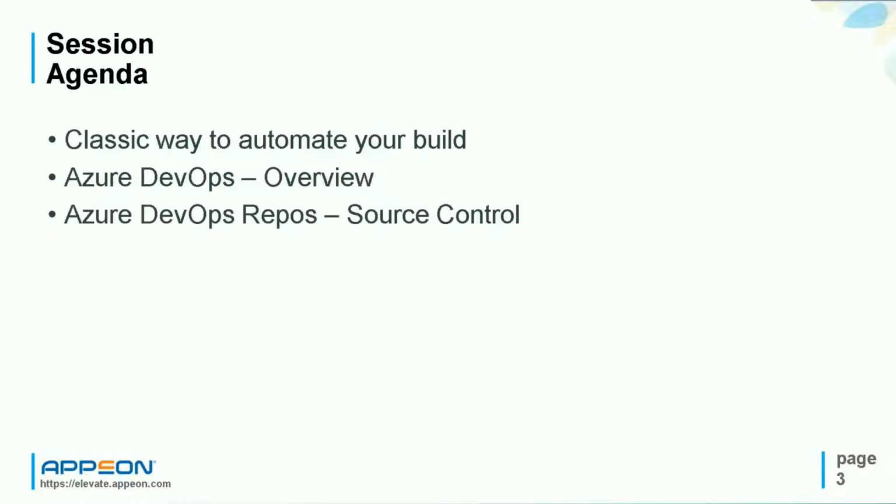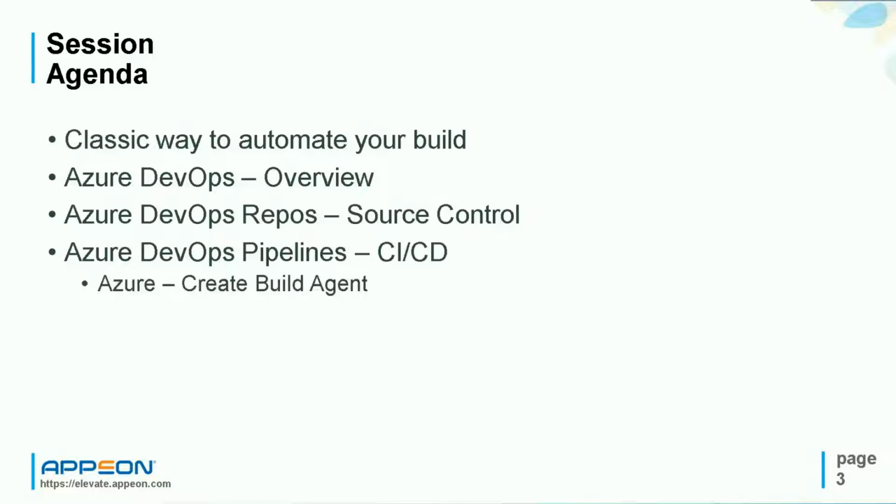And then we're going to dive into the source control for Azure DevOps, which is called repos. And we're going to show you how to set that up in Azure DevOps and then show you how to integrate that with PowerBuilder.